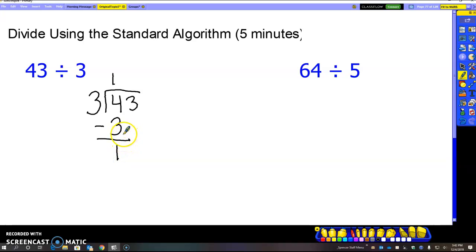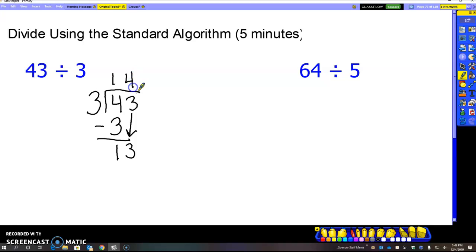So this is what we were looking at yesterday when there's a remaining ten. So now I'm going to rename. Think about renaming that 1 ten, and it becomes 13 ones. Now I can take my 13 ones and put them in the 3 groups. So 3 goes into 13, or the fast fact that gets me as close to 13 as I can without going over, is 4.